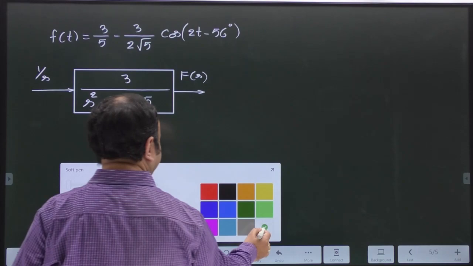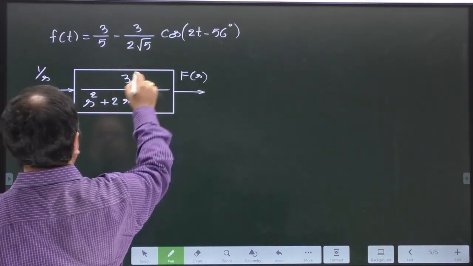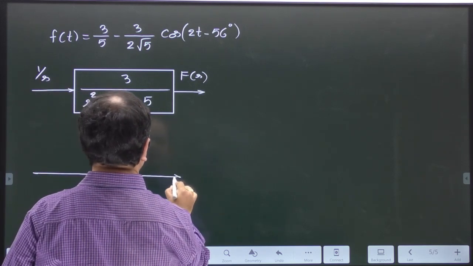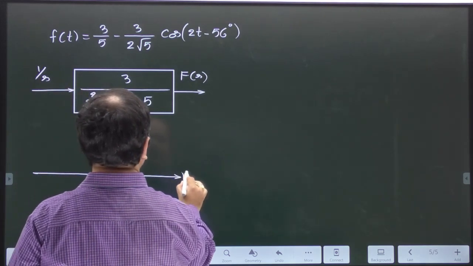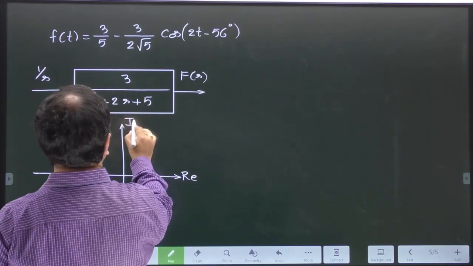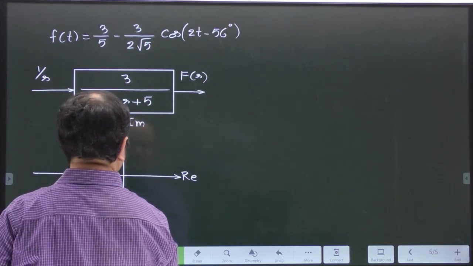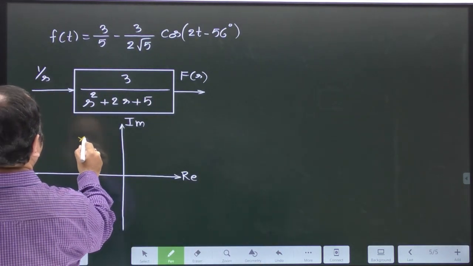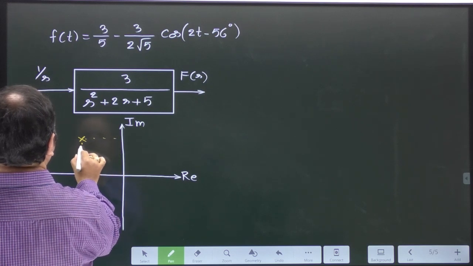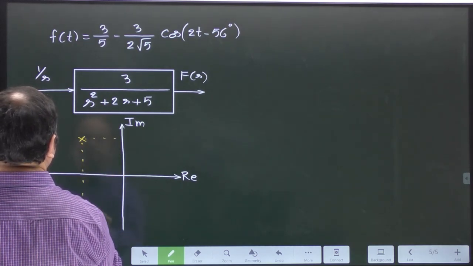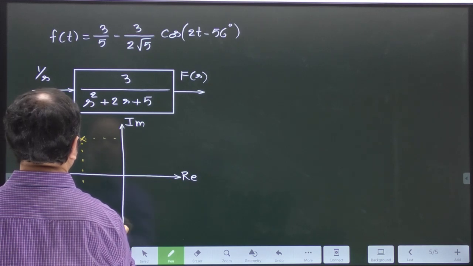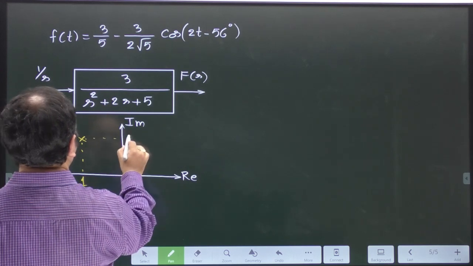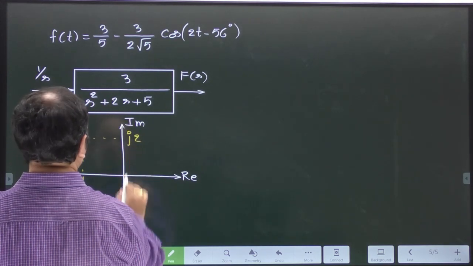Now if you see the roots of the system transfer function, you will notice the roots are placed at minus 1 plus or minus j2.